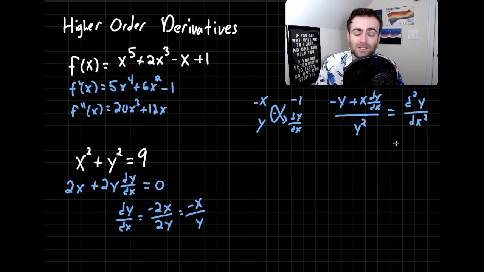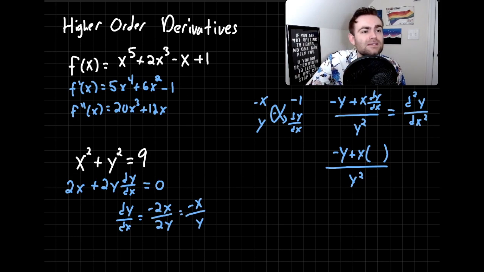This isn't done though. We're not finished. And the reason we're not finished is because we have a derivative within our derivative, and that's not allowed. So what we're going to end up doing is we are going to substitute back in what dy/dx is right there. We're going to treat it kind of like a variable almost. So negative y plus x all over y squared, and dy/dx is just negative x over y.